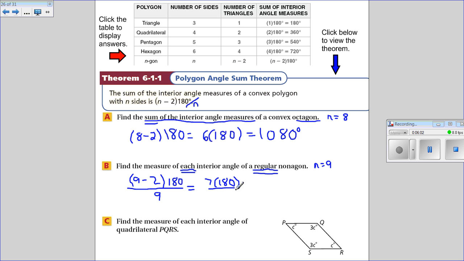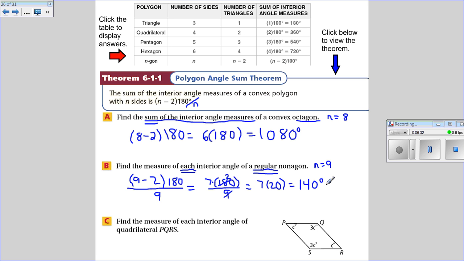I could probably simplify this without a calculator: 9 goes into 18 two times, so I have 7 times 20. I just divided 9 into one of these numbers since they're multiplied together anyway. So each angle in a regular nonagon would be 140 degrees.